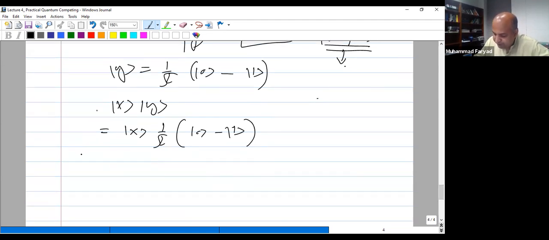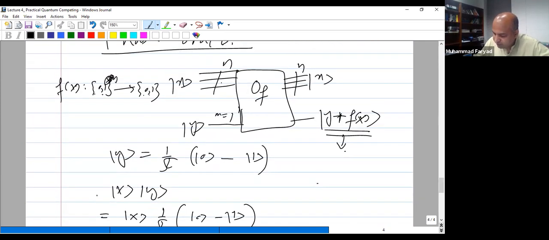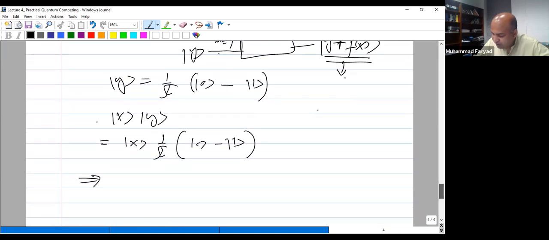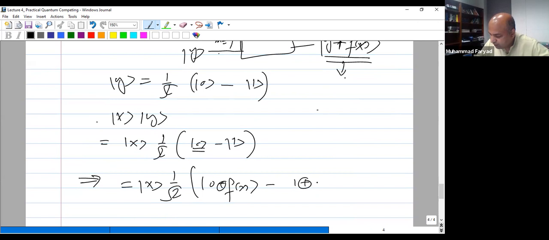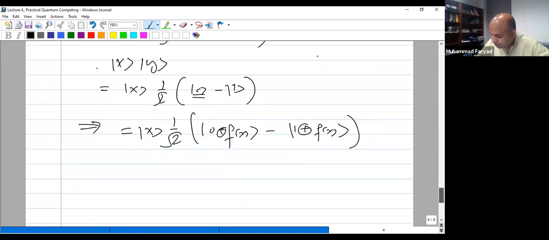And when these inputs pass through the oracle, x is going to be as it is. So this is 1 over square root 2. This 0 will be transferred to 0 plus f of x, and the 1 will be transferred to 1 plus f of x.